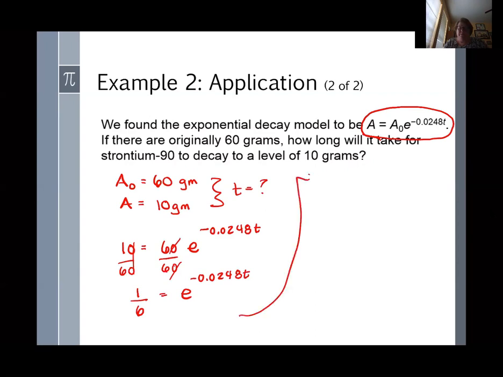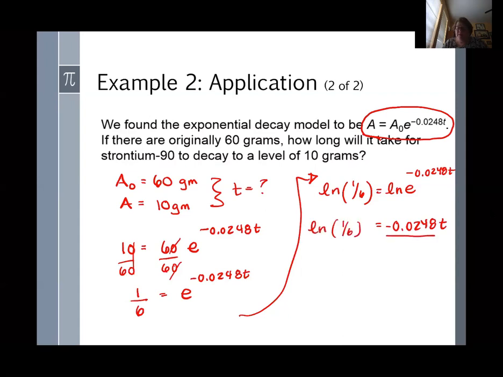All right, so now I'm going to take the natural log of both sides. And when I take the natural log of e to the minus 0.0248 t, I get negative 0.0248 t, and that's equal to the natural log of 1/6.